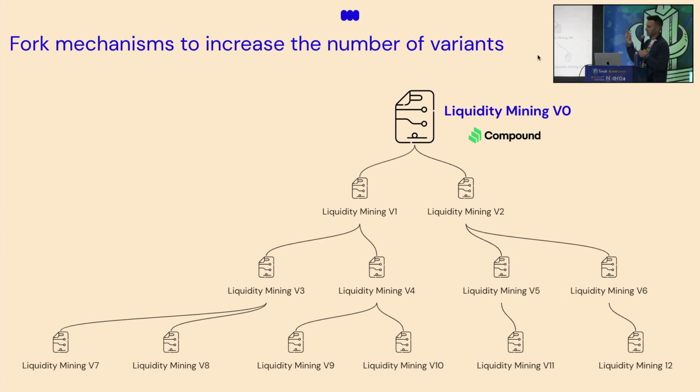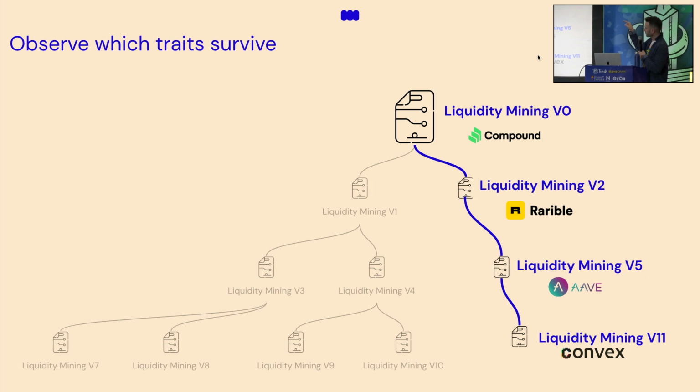Suddenly, when you see that very specific liquidity mining contract out there on its own, independent, and you're seeing people fork it and different versions pop up, you get the family tree of what liquidity mining could look like, versus a family tree of the Compound contract, which bakes in so many other factors that it's hard to parse out what's driving the success of any given project. Suddenly you're able to see that evolutionary tree start to evolve.